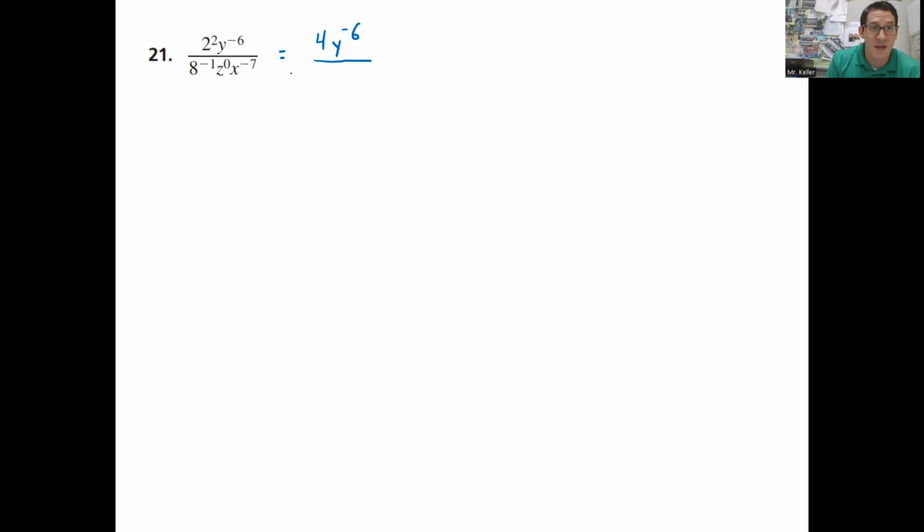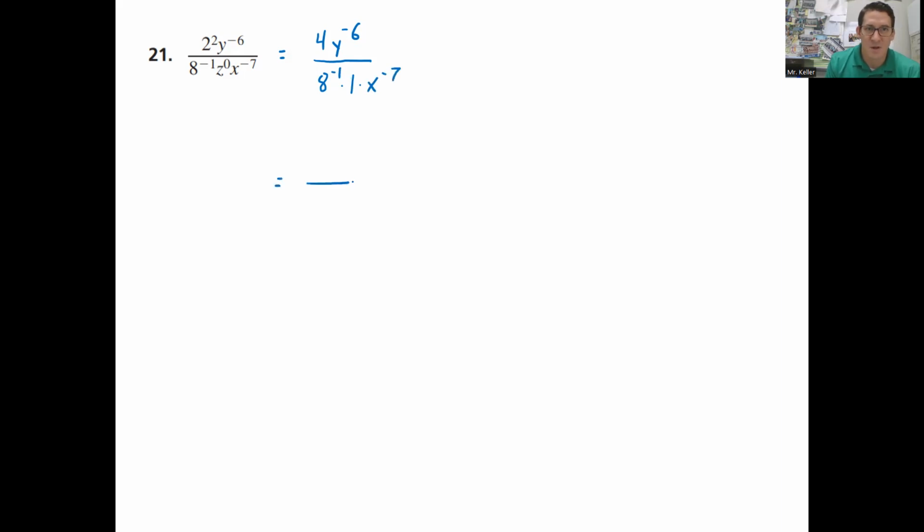Here, 8 to the negative 1. Z to the 0 power would just be 1. I'm just putting that in there so we can see that we evaluate it. We don't actually need to put a 1 in there. We could just drop it, but just so we can see that z to the 0 power turned into 1, and then x to the negative 7.